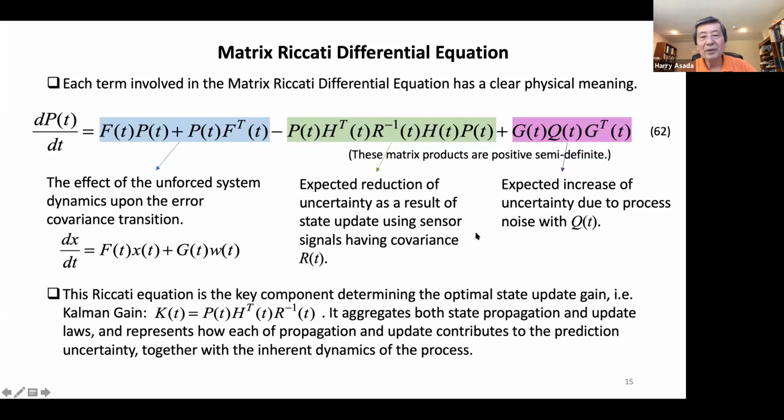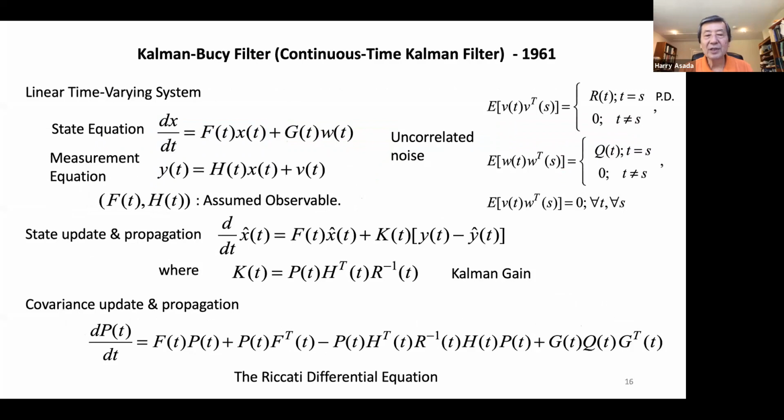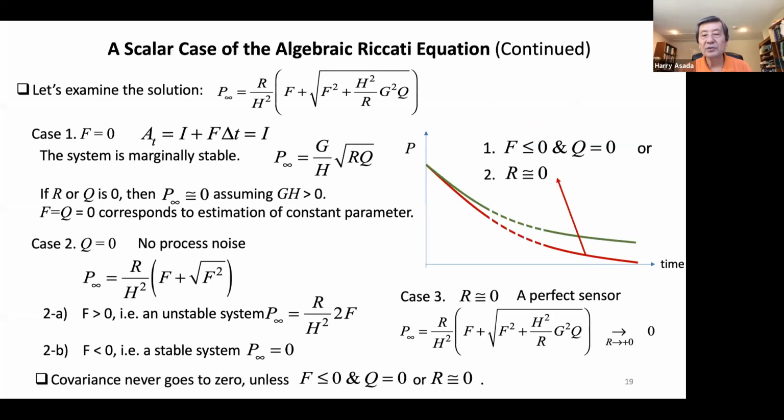Perhaps you remember that in discrete time, the covariance basically goes up and down, up and down. Remember that? Going up when you propagate and going down when you update, right? Now, in the case of continuous time situations, this zigzag is reduced to just a smooth curve like this, with no up and down involved, but it's governed by many factors.